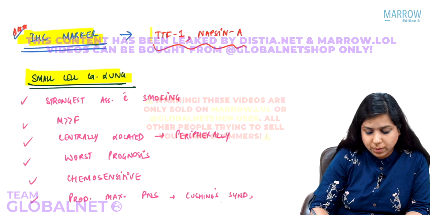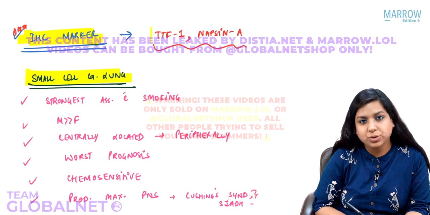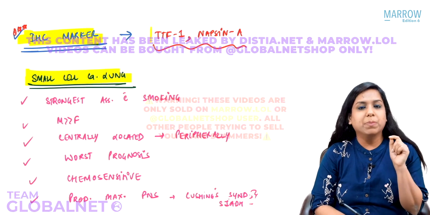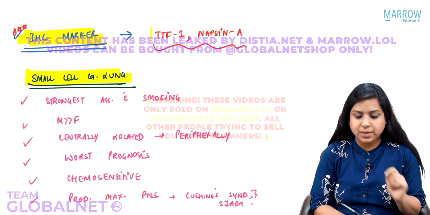Cushing syndrome. Then SIADH, syndrome of inappropriate ADH secretion, right? SIADH is in fact the most common paraneoplastic syndrome associated with small cell lung cancer. Remember, right? SIADH.